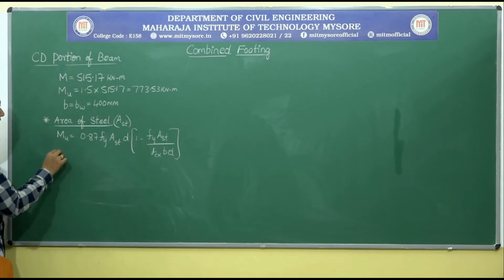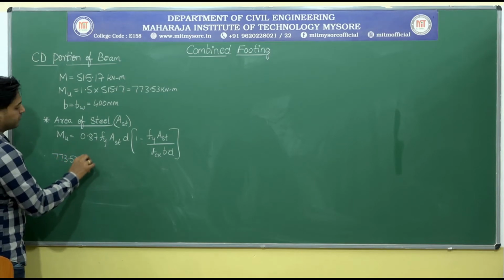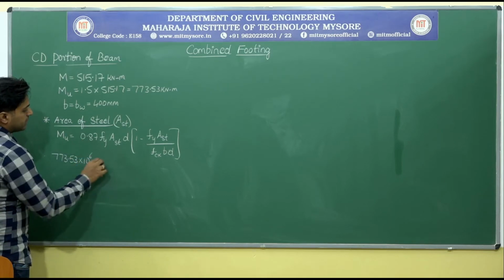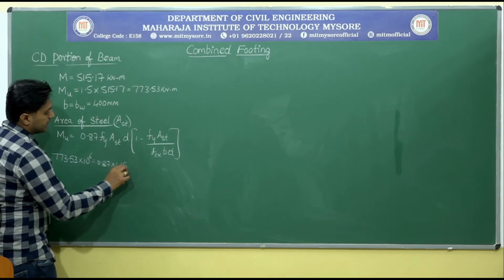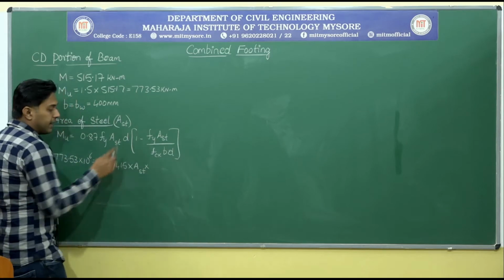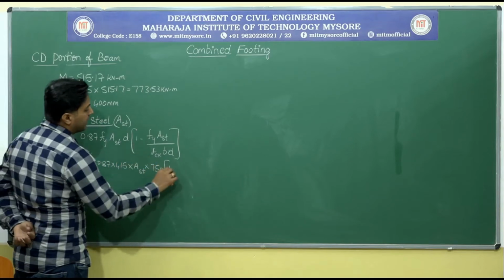Mu value we have already calculated: 773.53 kilonewton meter. I will be converting that into Newton mm, so multiply it by 10 power 6. So 0.87, Fy is 415, AST only I need to calculate, into depth 750 into 1 minus 415 Fy into AST divided by fck, which is 25 here, into breadth 400 mm into depth 750.